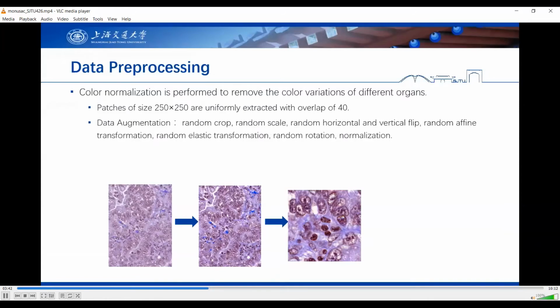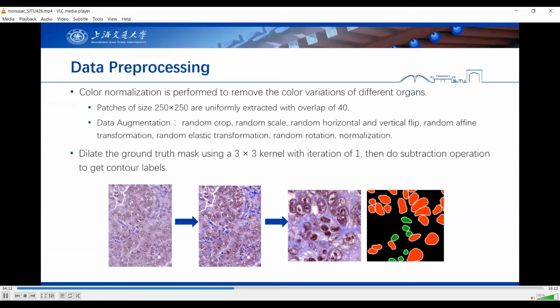For each patch, a 224 times 224 image is randomly cropped as the training data. Other augmentations include random scale, random horizontal and vertical flip, random affine transformation, random elastic transformation, random rotation, and normalization with mean and standard deviation by channel.